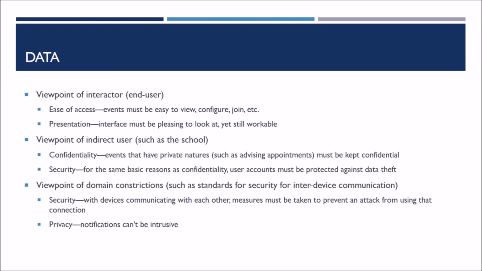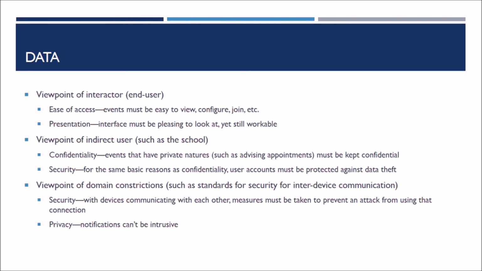The second one is security. It's basically the same thing as the confidentiality. The user accounts have to be protected against data theft, so the confidentiality requirement isn't compromised. Now, domain constrictions, such as standards for security for inter-device communication, again go back to security.